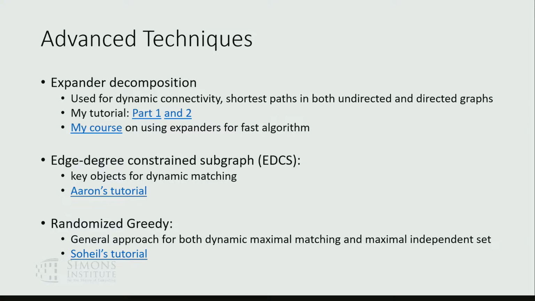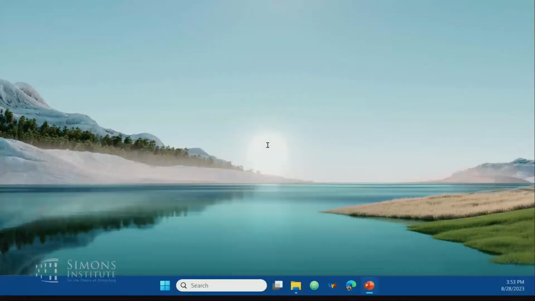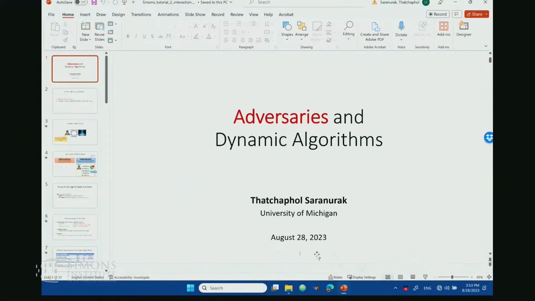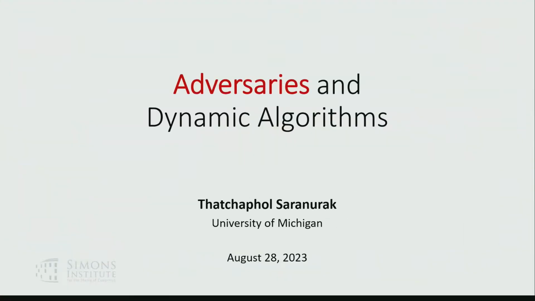What I will talk about in the next talk is to focus on adversaries. When you use a dynamic algorithm and interact with an optimization method, now you need to care whether this interaction is adaptive or not.